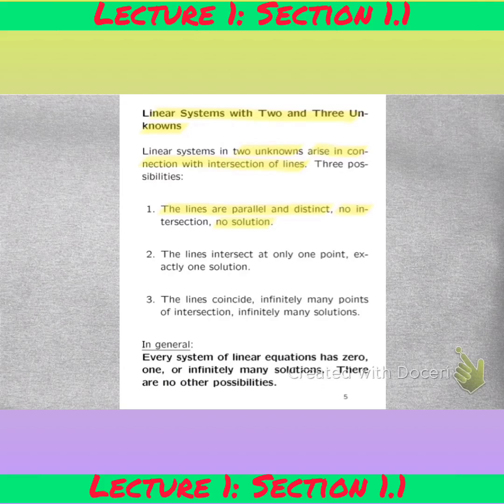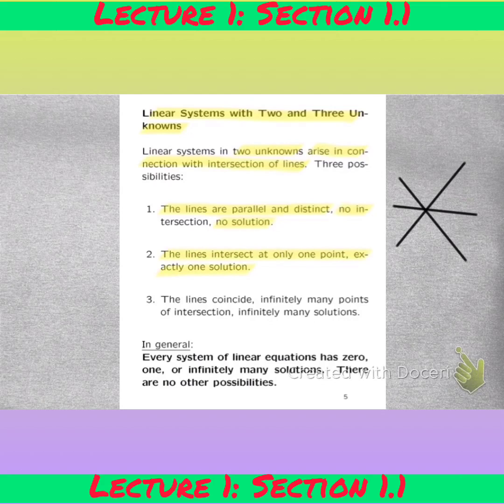Now, if you've got 3 lines and these lines intersect at only one point, then obviously there's only one solution, which is the point that lies on all 3 of the lines. Okay, so that happens if the lines intersect at only one point.